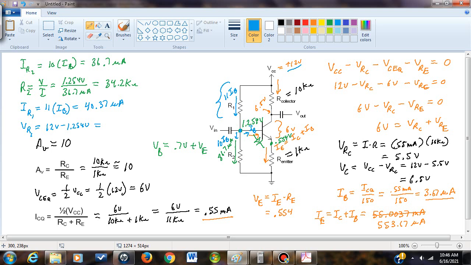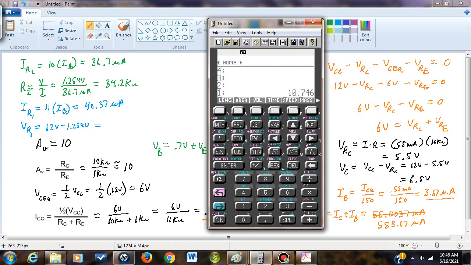And that's going to provide us with 10.746 volts. So this is 10.746 volts.